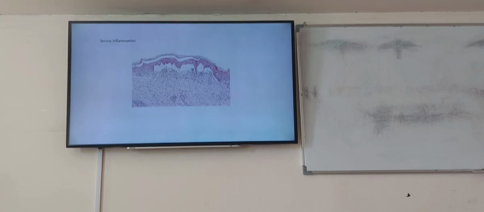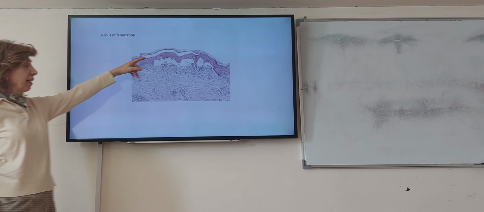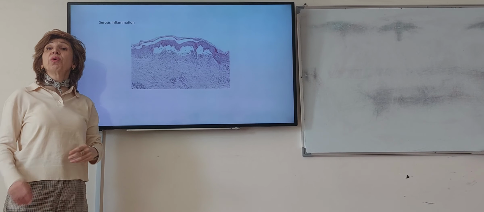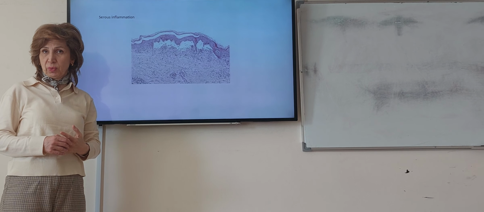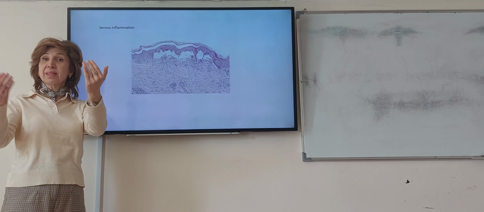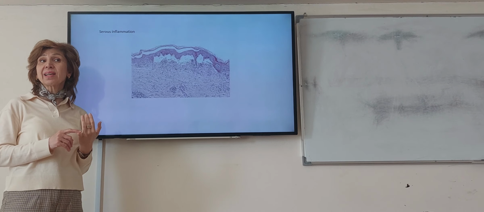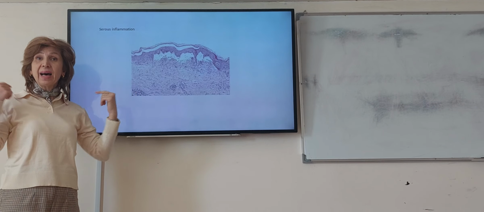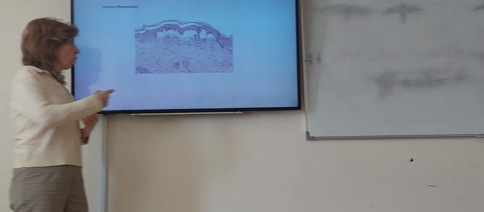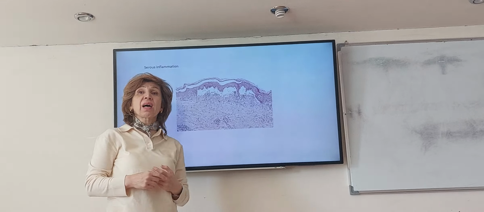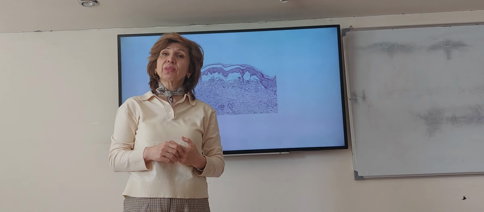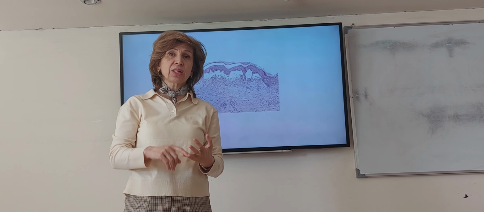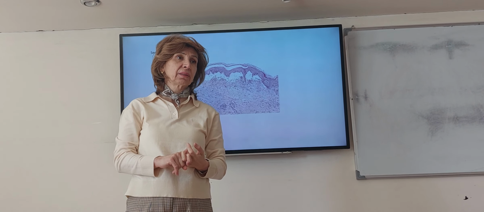Microscopically, there is a separation in the dermo-epidermal junction filled with serous fluid. This fluid is acellular and doesn't contain bacteria. Plus, I have acute inflammation, so I will have all the changes of acute inflammation in the dermis: neutrophils, vasodilation, increased permeability.